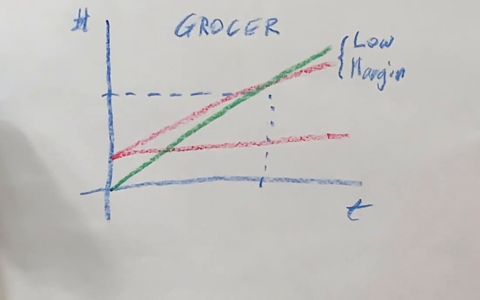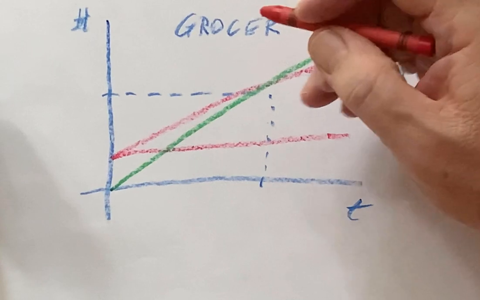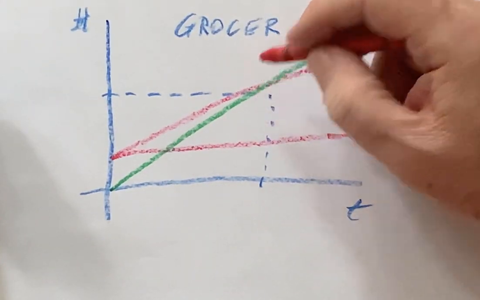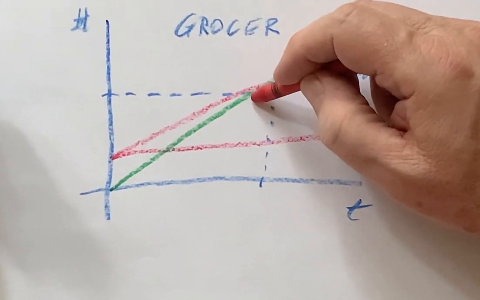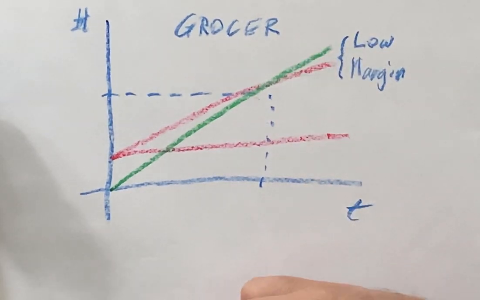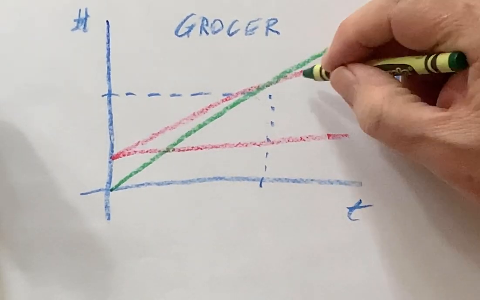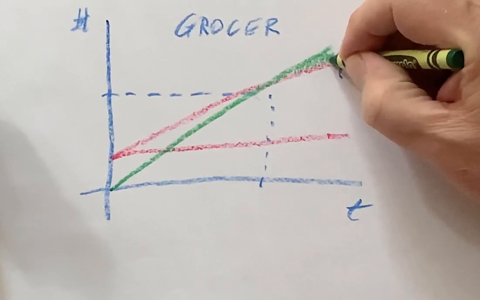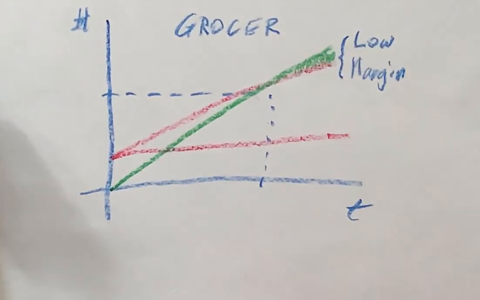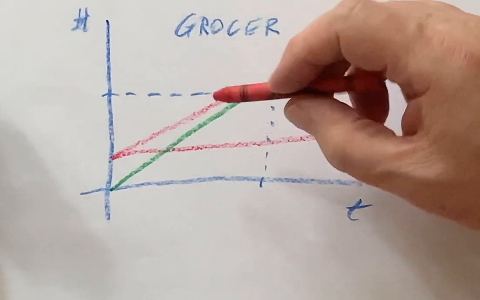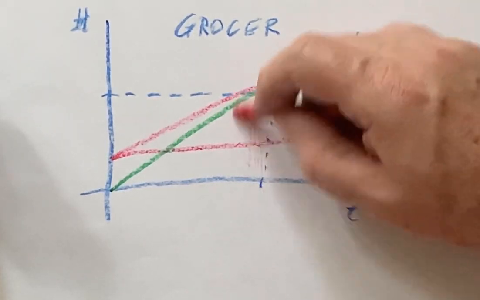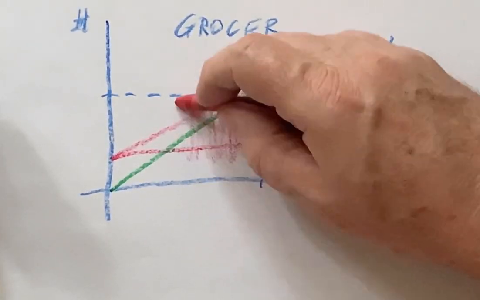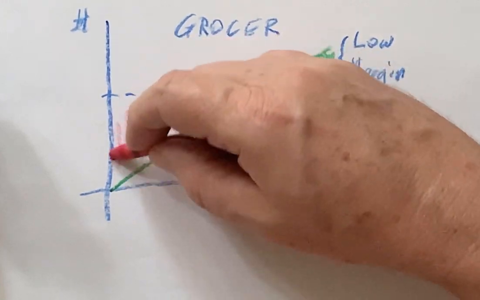The investors want to know, how much money are we going to lose until your sales catch up? And how much money are we going to make? They're focused on this part out here. They see this as the opportunity to make a lot of money, and they see this as the opportunity to lose a lot of money.